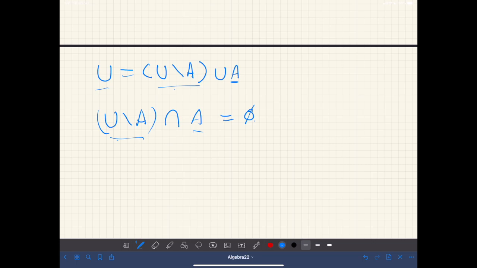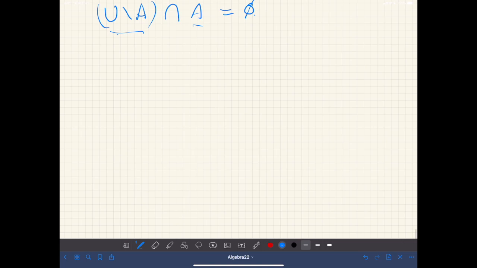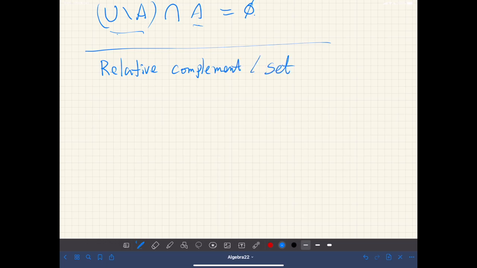And related to the complement, we can also define relative complement or set difference. So suppose we have two sets, A and B. The relative complement of A with respect to B is written as this.